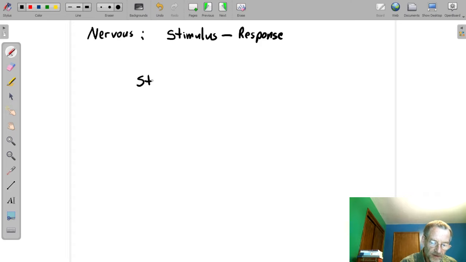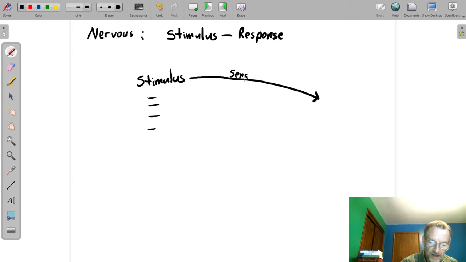So here's some sort of stimulus, stimuli plural, and that information is sent. Now this is often on your tongue or your fingertips or your eyeballs or your nose or wherever this sensory information is coming from.